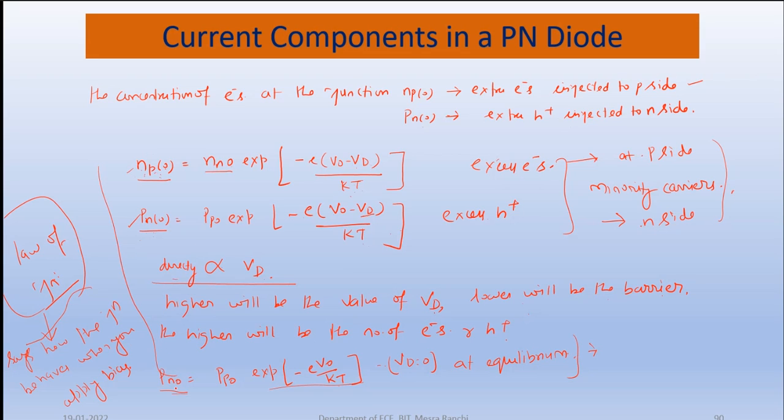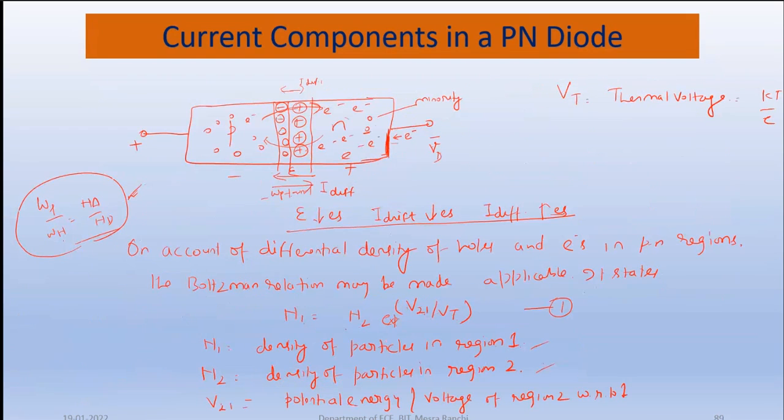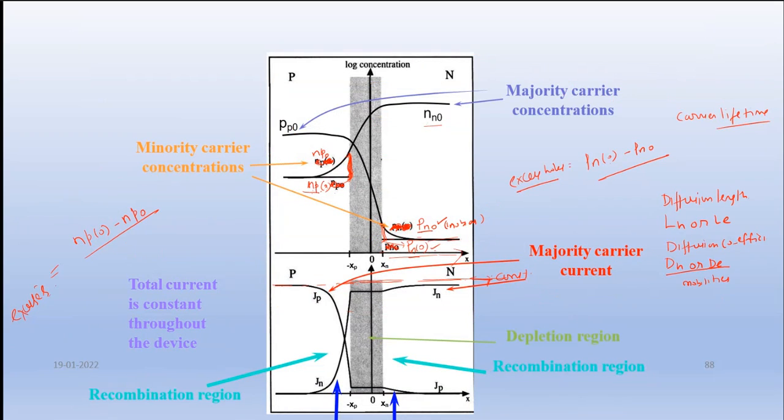So I can write this: at equilibrium VD equal to 0, this reduces to Pn0 equals Pp0 exponential minus eV0 by kT. As I said, when the charge carriers move away from the junction, they get recombined and destroyed.